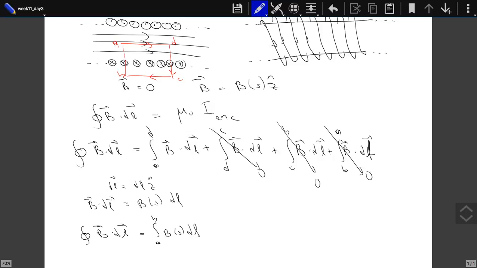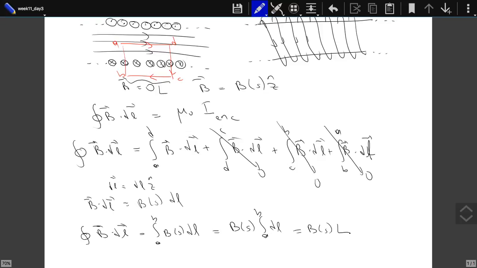It doesn't change from point to point. Its distance from the central axis is what we call S. So as I go from A to B along that straight line, S is constant. So I can just take it out of my integration, leaving the integral from A to B of dl. If we call the length of the rectangle capital L, that integral is nothing but the total length of the AB segment, which gives Bs times large L.